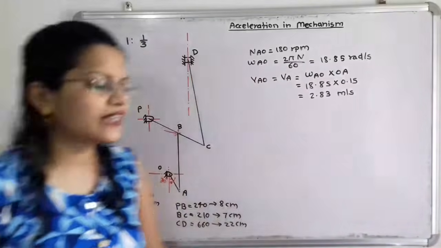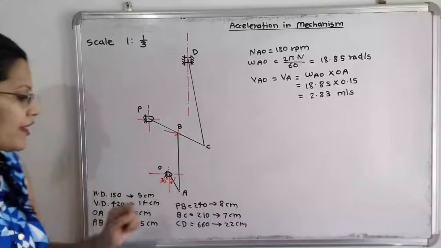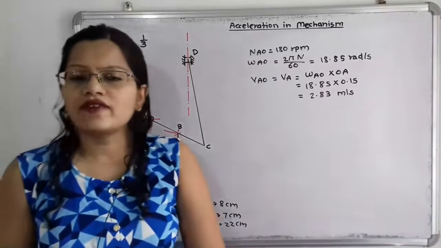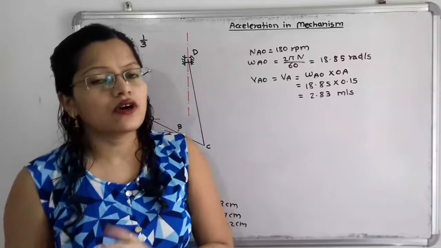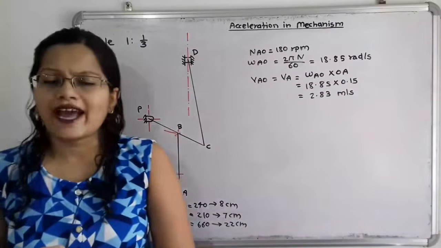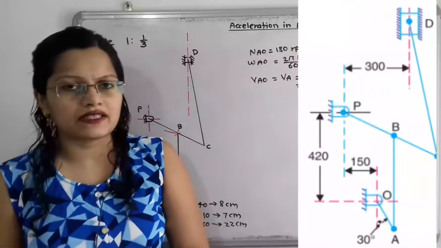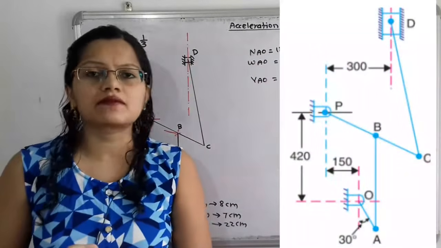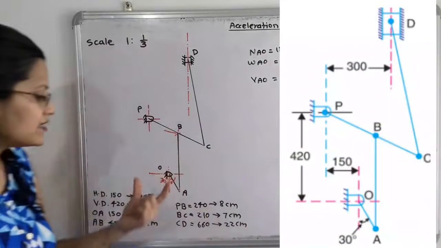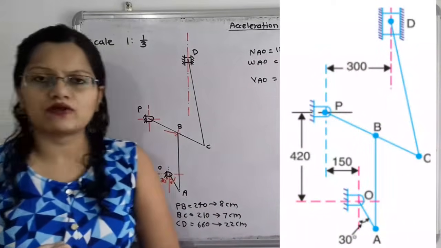First we will take one particular point, that is the point O, which is the fixed point. With reference to the point O, the horizontal distance given is 150 mm. As per the scale 1:1/3, 150 mm means 15 cm, so 15 divided by 3, that is 5 cm horizontal distance we have to select.